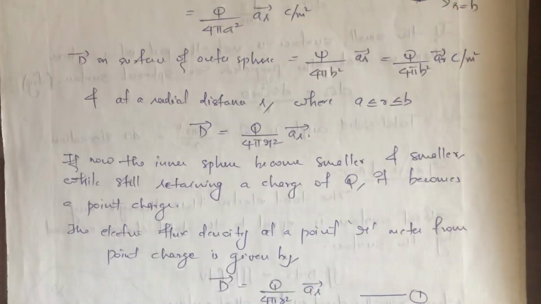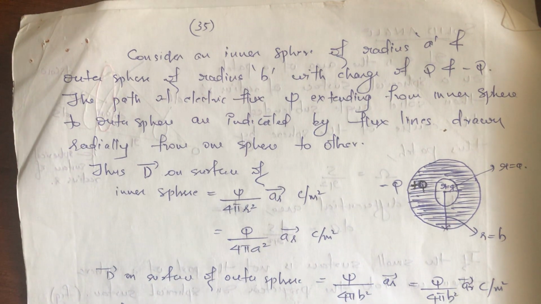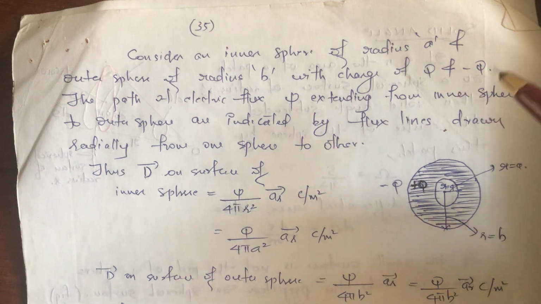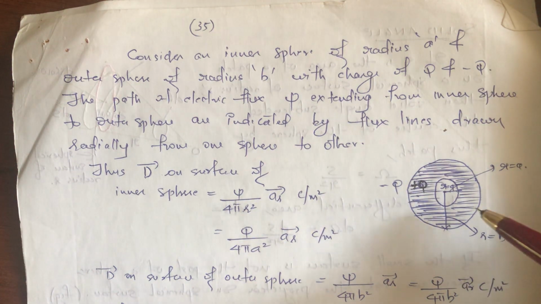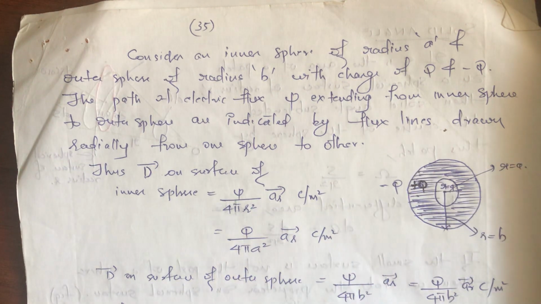Consider an inner sphere of radius a and an outer sphere of radius b with charges Q and minus Q. Here the charge is Q and here it is minus Q. The path of electric flux psi extending from the inner sphere to the outer sphere is indicated by flux lines drawn radially from one sphere to the other. Thus D on the surface of the inner sphere is psi by 4 pi r square, that is, flux by area.